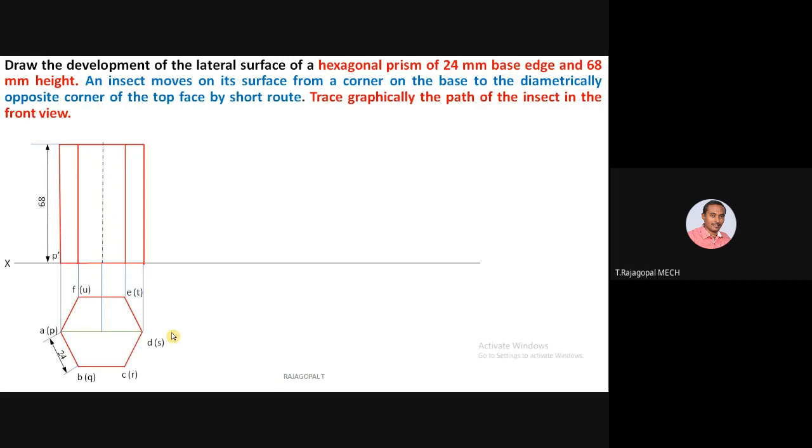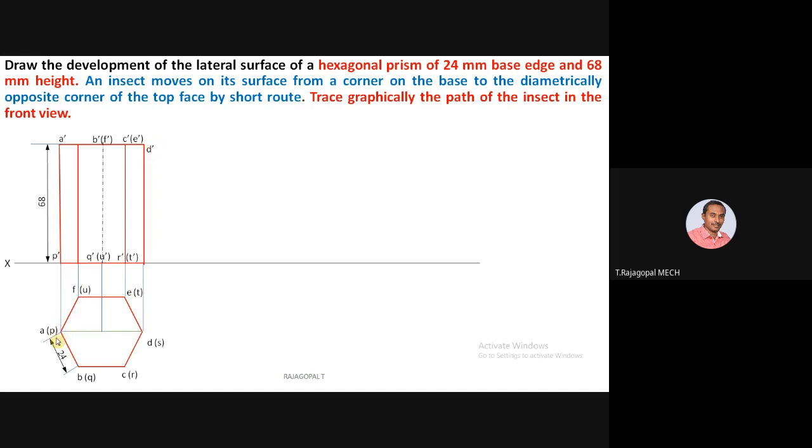Now I will tell you why this hexagon position is preferred. You see here carefully, P is the corner. Check here, P dash is the corner. On the other side, diametrically opposite top face corner is D dash.